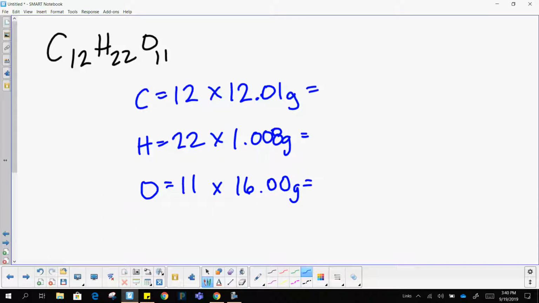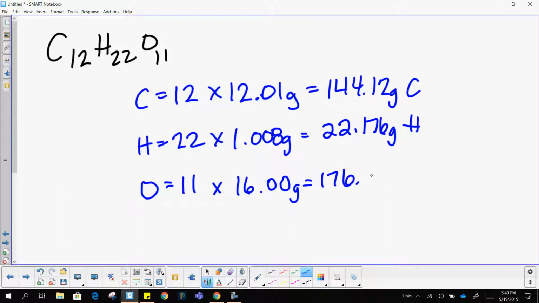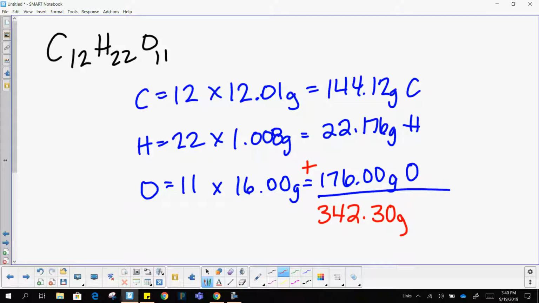Those come out to 144.12 grams of carbon, 22.176 grams of hydrogen, and then 176.0 grams of oxygen. If you add up all three of those, that gives us our total compound mass of 342.3 grams total.